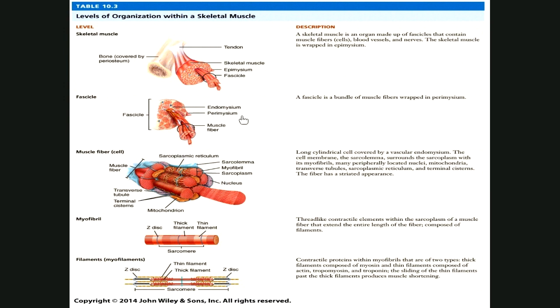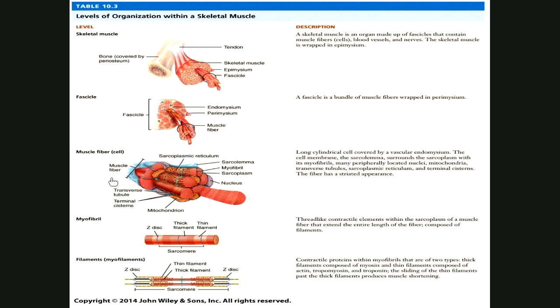So then if we look at one of these muscle cells, this is where we get into microscopic anatomy. Everything from here up we could see with the unaided eye, but everything from here down we need a microscope to see.